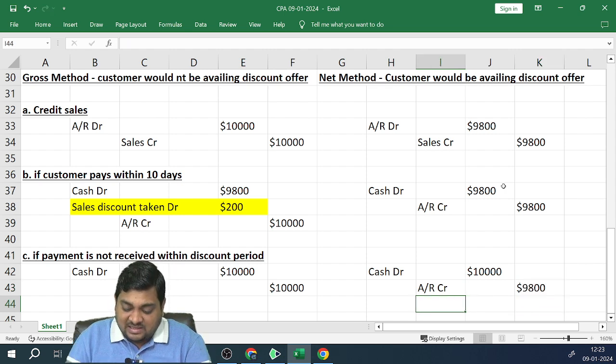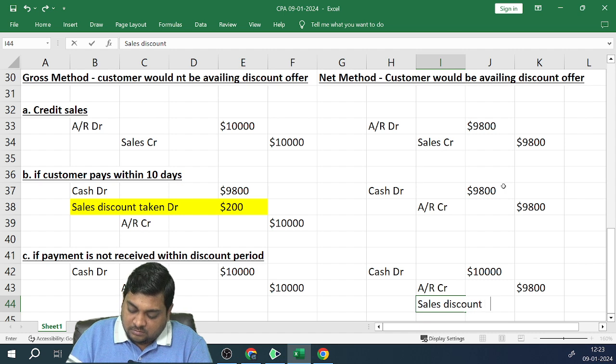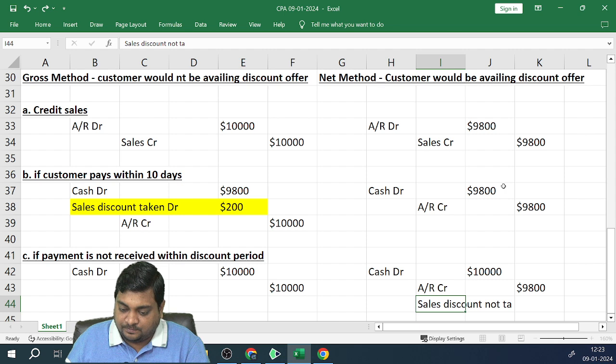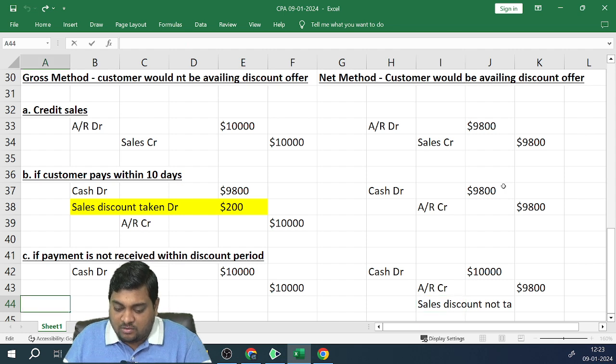And I will increase sales discount not taken. I can write discount not taken.